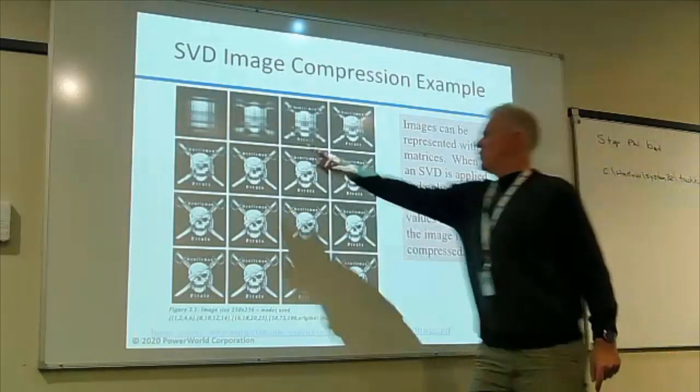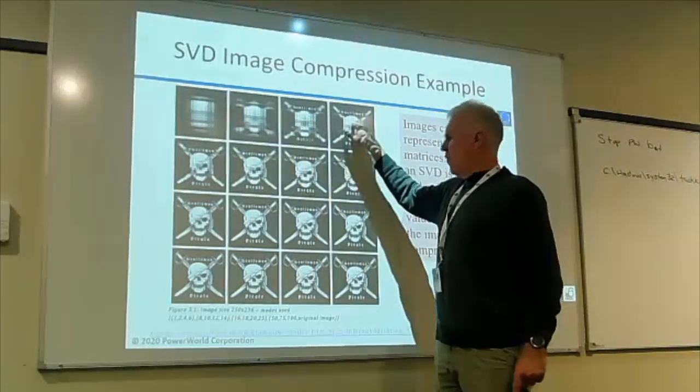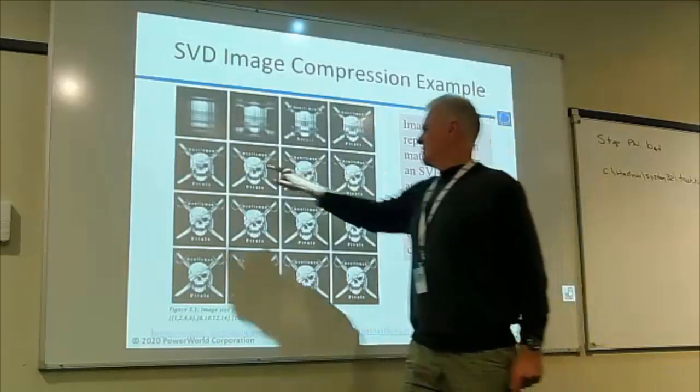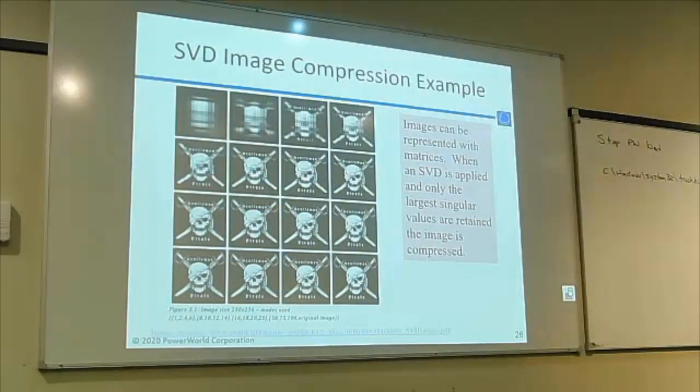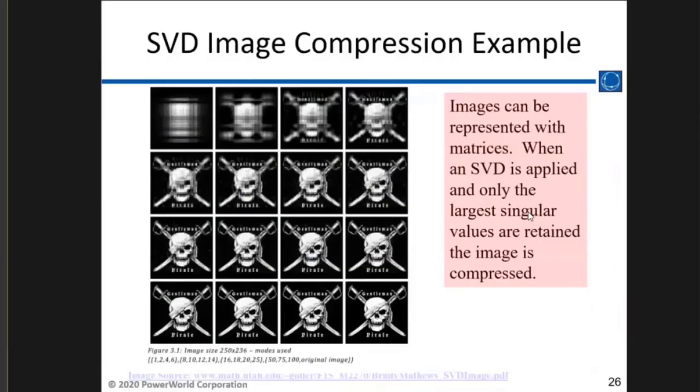But if I use 2 of them, 3, 4, then 6, 8, 10, 12, eventually you've got it pretty well. This is the basis of image compression, and there are all these algorithms doing it.